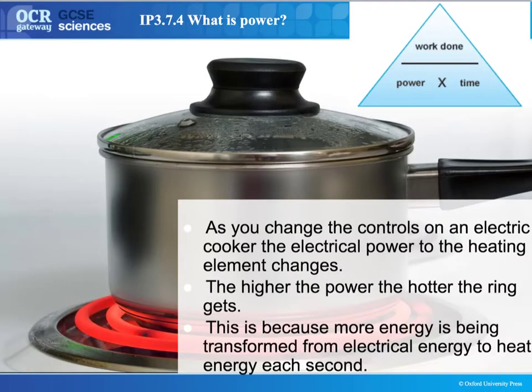Electrical power usually means that in the same amount of time you increase the amount of work that you do. So if you increase the amount of work in the same amount of time, you therefore increase the amount of power that you're having to apply to something. So on this electrical cooker that we have here, if you turn it up, then it's doing more work in the same amount of time and it requires a higher power rating.